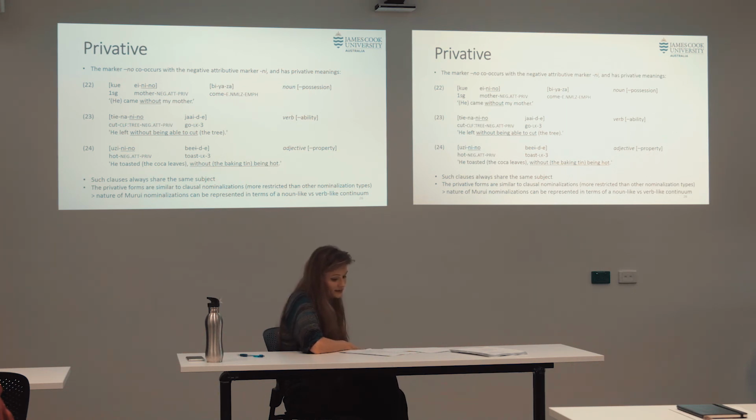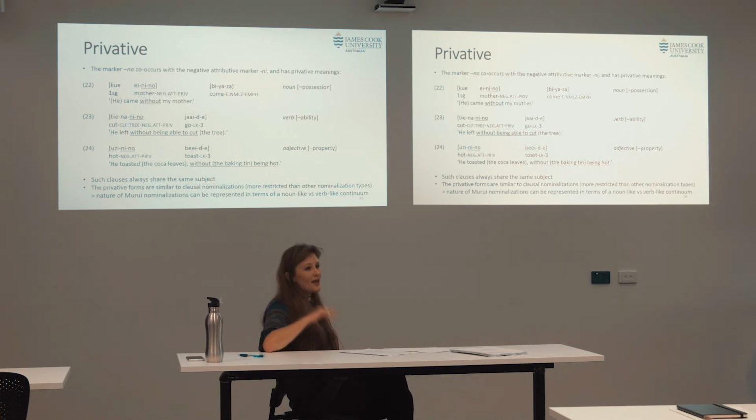And the privative nominalizations can only occur as peripheral arguments. And these privative nominalizations could be considered a type of an independent clause, but overall in Murui you have nominalizations that are the main way to form dependent clauses of all kinds. So we have complement clauses, we have relative clauses, everything is based on nominalizations.